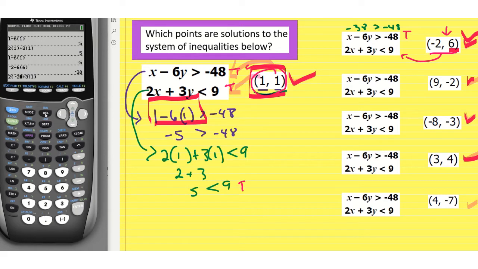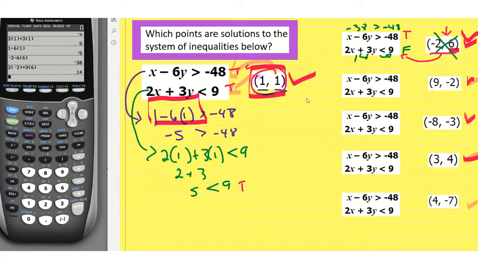I'll delete that 1 that I don't need. Right arrow, and my y value is going to be the 6. I'm going to put a 6 in there and push enter. And that says that this part of my inequality is equal to 14. So is 14 greater than or less than the 9? No, that is a false statement. So that means this point is not part of my solution set.